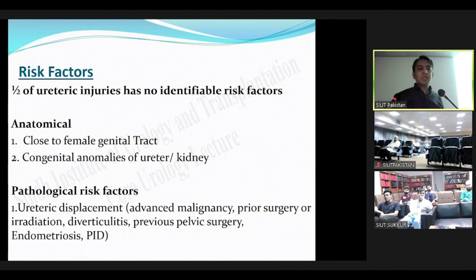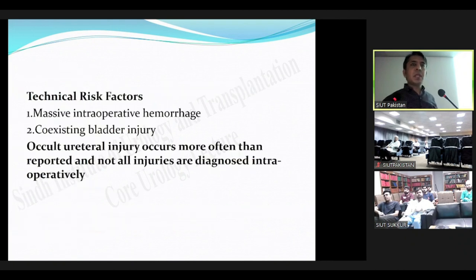The pathological risk factors are ureteric displacement because of advanced malignancy or previous surgeries, diverticulitis, previous pelvic surgery, or endometriosis. The technical risk factors: massive intraoperative hemorrhage can cause injury to the ureter because of coexisting bladder injury. But occult ureteral injury occurs more often than reported, and not all injuries are diagnosed intraoperatively.